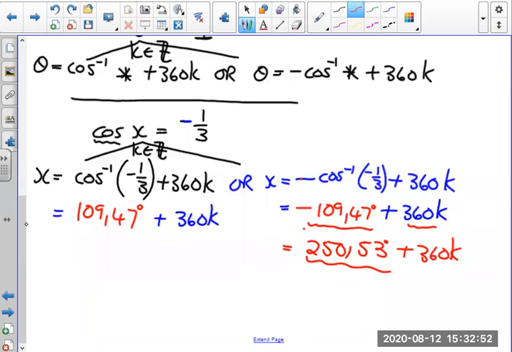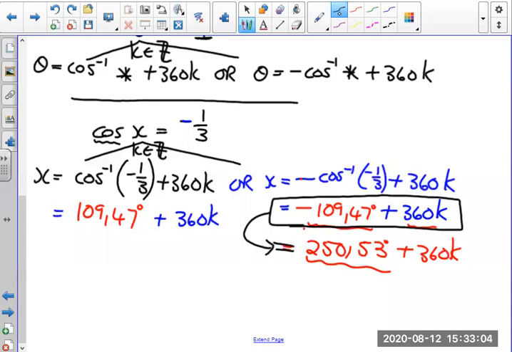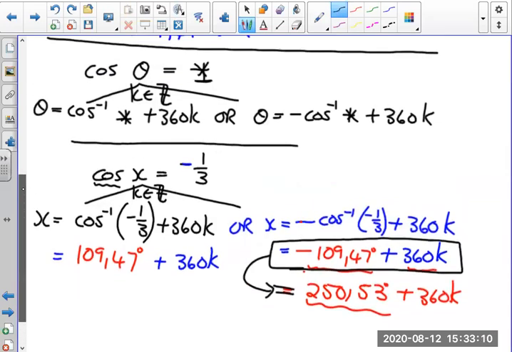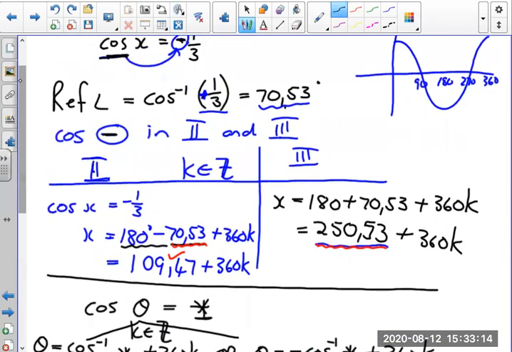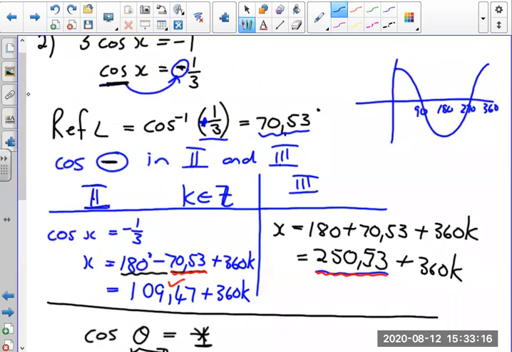And if you leave your answer like this, it's fine. You will not be penalized because this answer and this answer is exactly the same answer. Okay, so can you see why I say I think my method is easier? You don't have to work with reference angle, so you don't have to forget to leave out the minus.